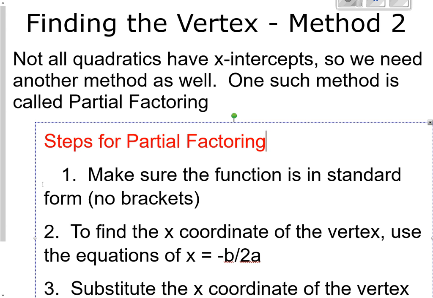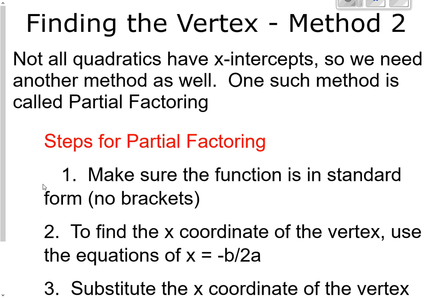Okay, so pause the video here to take the notes. Not all quadratics have x-intercepts, so we need another method as well. One method that we're going to use is called partial factoring. The first thing you need to do is make sure that your function is in standard form, which just means no brackets. We cannot have any brackets of any kind.